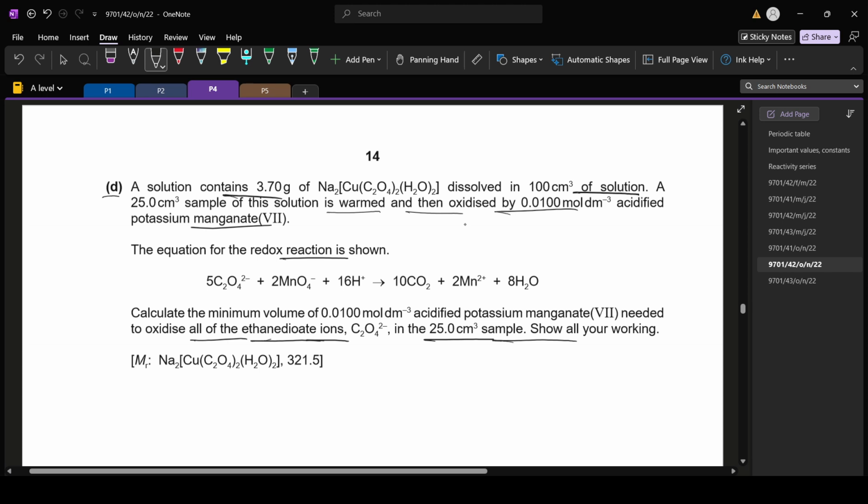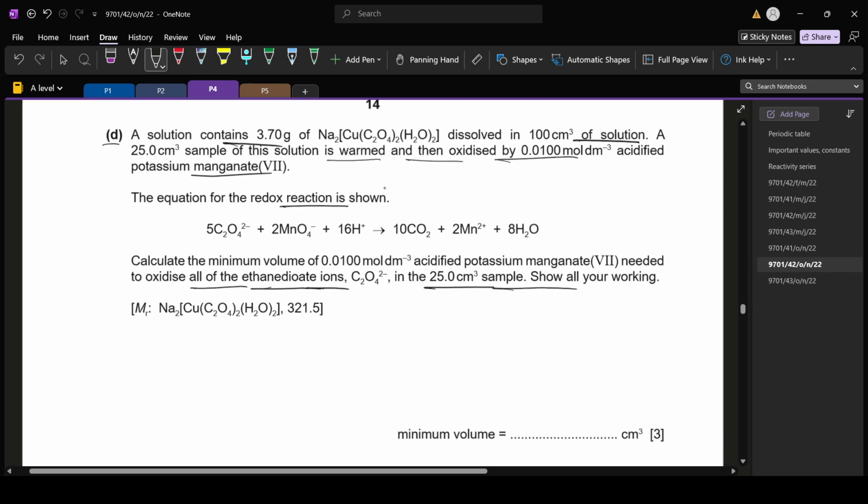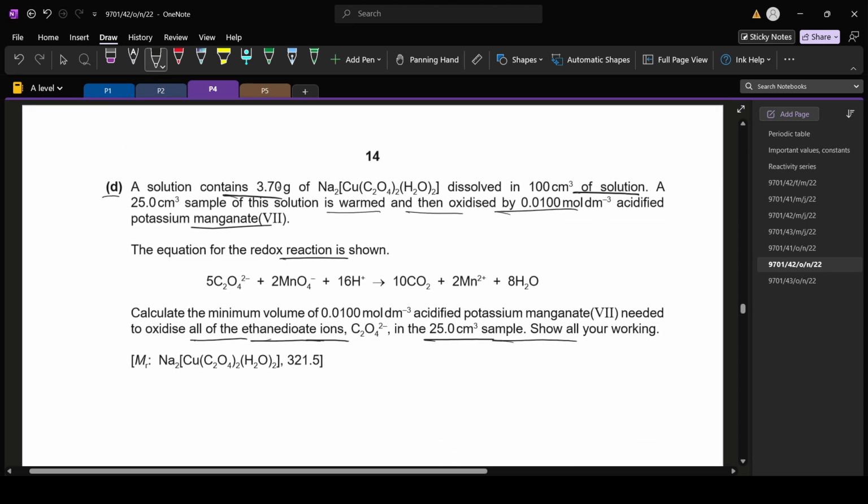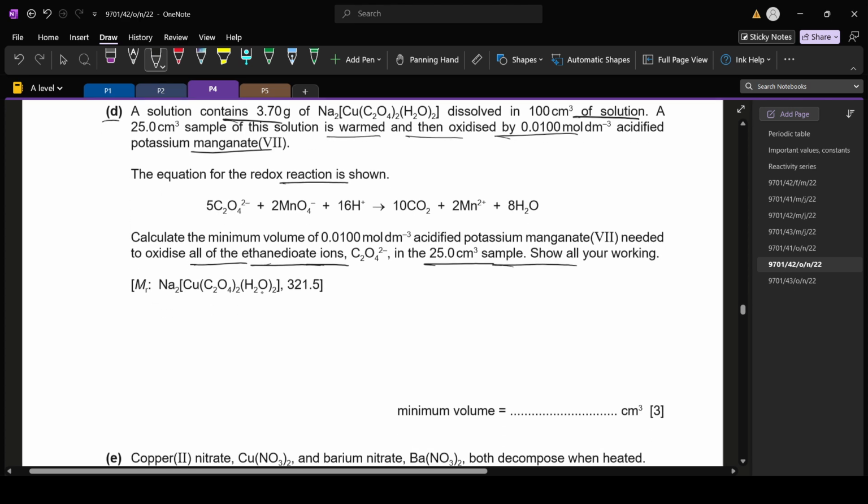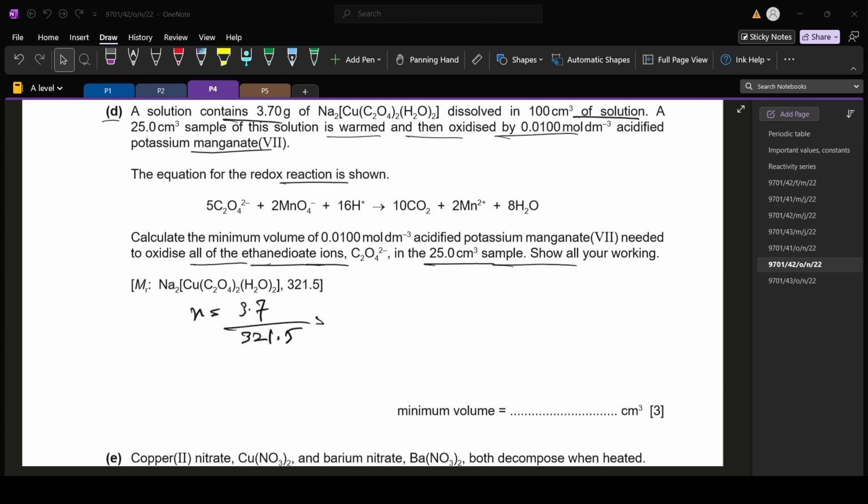So first you have to convert this compound into moles. You are given the mass, so moles is going to be 3.7 divided by 321.5, because this is the Mr. You will calculate the Mr from here.